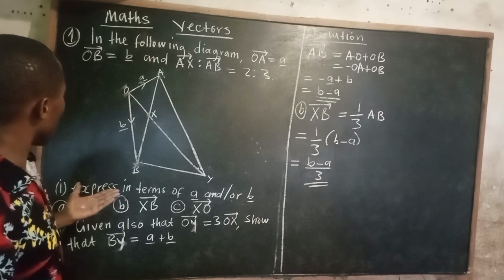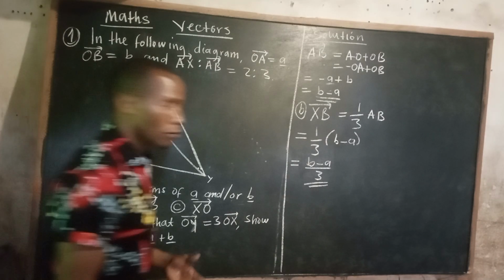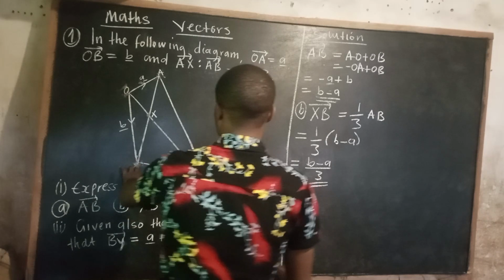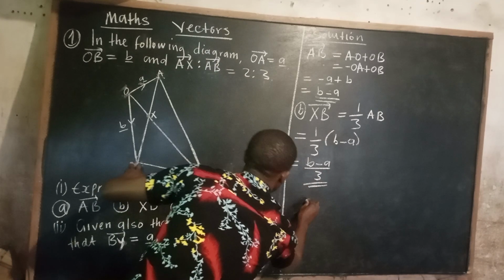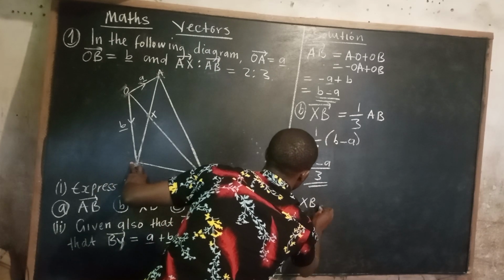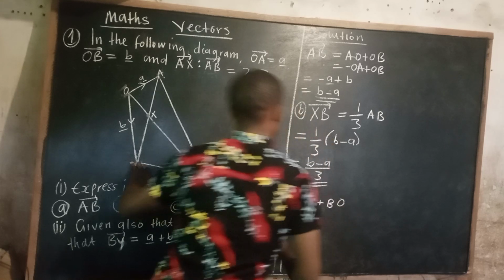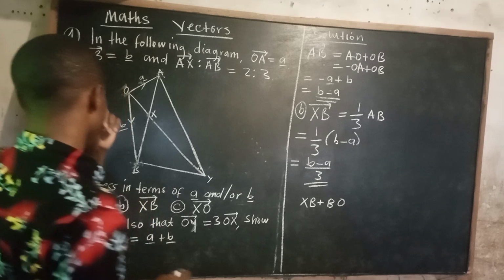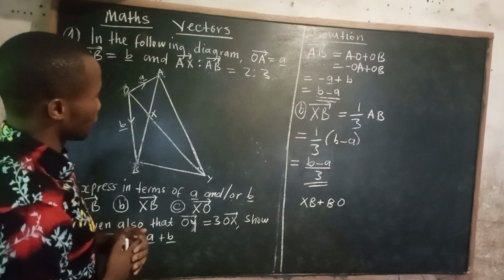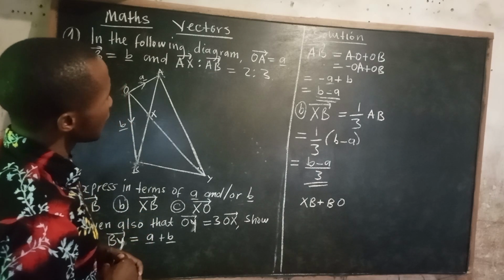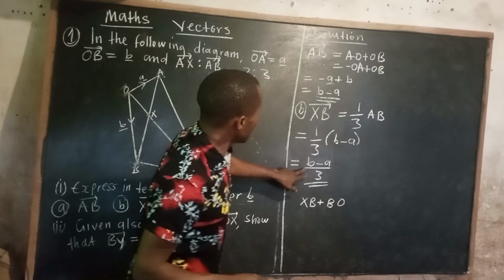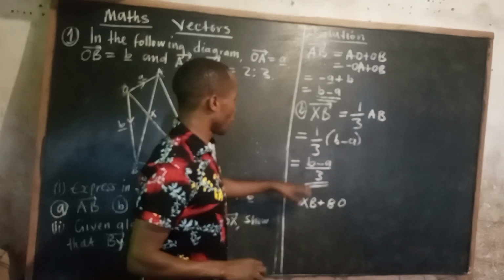Okay, so let us put this one on the chalkboard. We are saying XB plus BO. So what is our XB? Our XB is B minus A over 3.